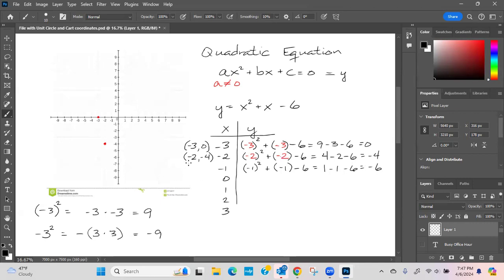And so I have the point -1, -6. And so now I can plot that, move to -1 on the x, and then drop down to -6. Gives me a point on the graph. Let's go ahead and plug in 0.